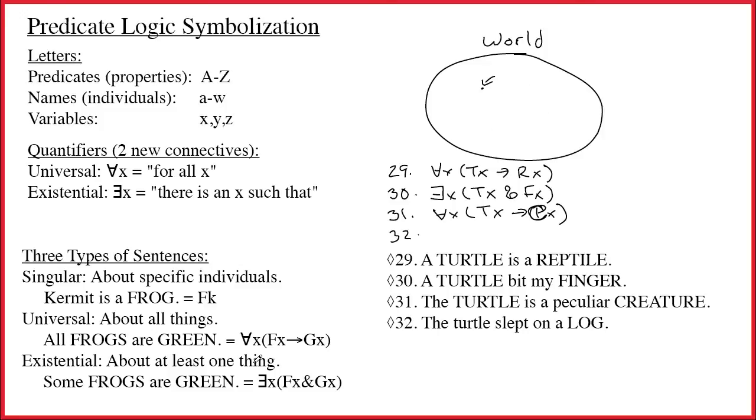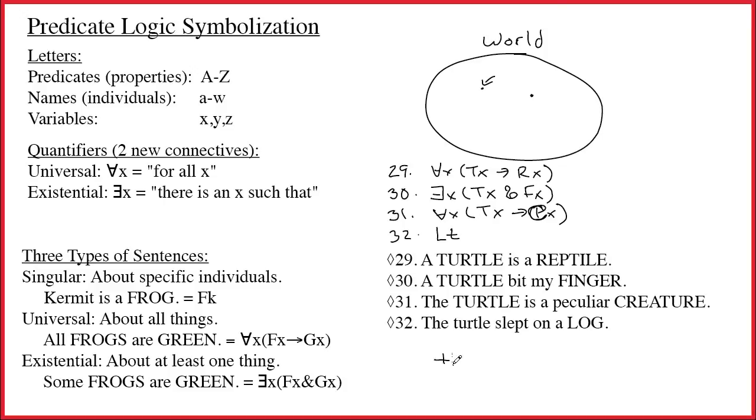There was at least one. But when you're saying the turtle, that is a way of sort of pointing at a particular one and saying, well, see, it was that one right there. And so how would you symbolize the sentence? It would be capital L, lowercase t, and basically we're using the words the turtle as sort of a stand-in for a name. The turtle slept on a log.